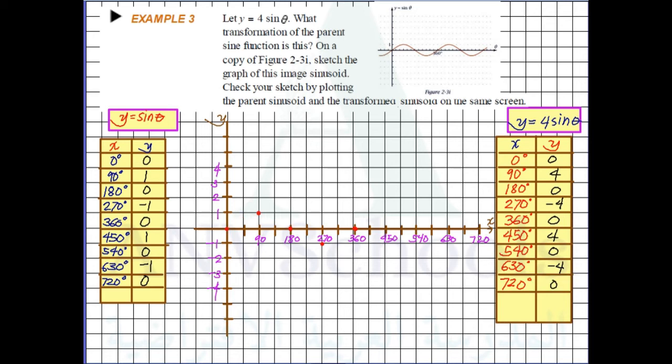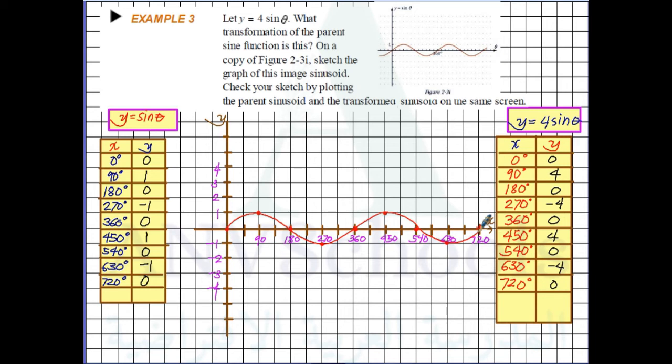Where are the other points? Okay, I think I deleted them. So it would be like this and like that. Now it's time to connect all of the points. So this is the graph for the parent function y equals sine theta.